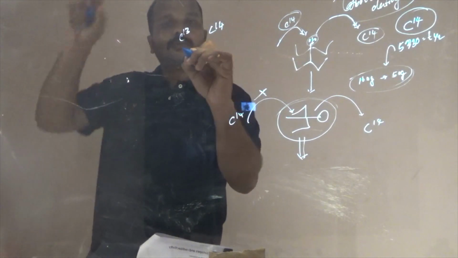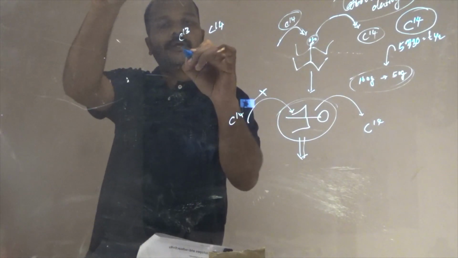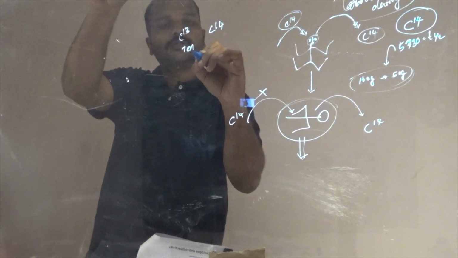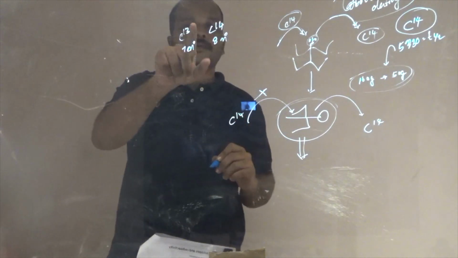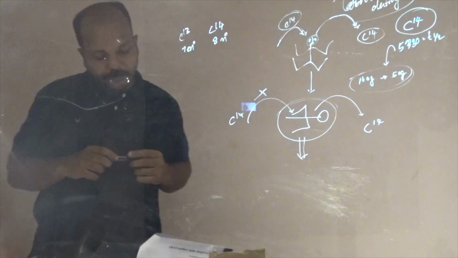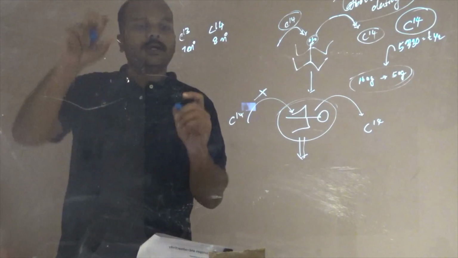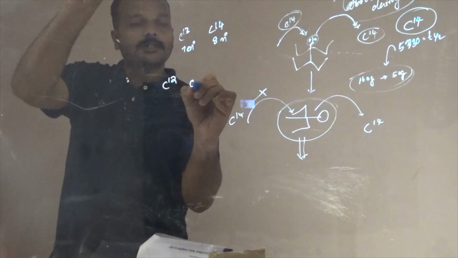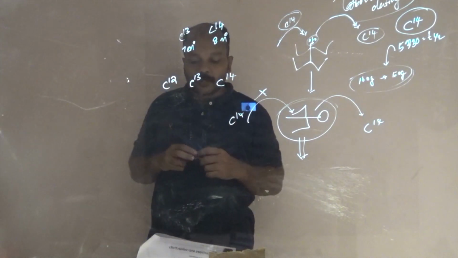Both are having 6 electrons, 6 protons, but here it is having 7 neutrons, and here it is having 8 neutrons. So these two are isotopes. Name the 3 isotopes of carbon and write the symbols for them. It is C12, C13 and C14. Okay, and carbon 14 is radioactive.